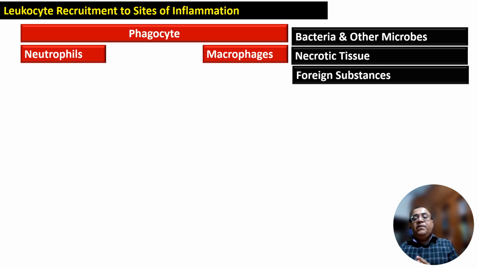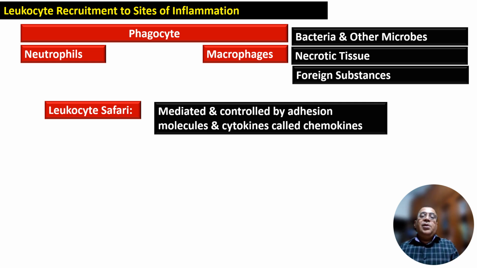They can clear away necrotic tissue or foreign substance, and it is done through a series of cellular events that occur during acute inflammation. These are mediated and controlled by adhesion molecules and cytokines termed chemokines.